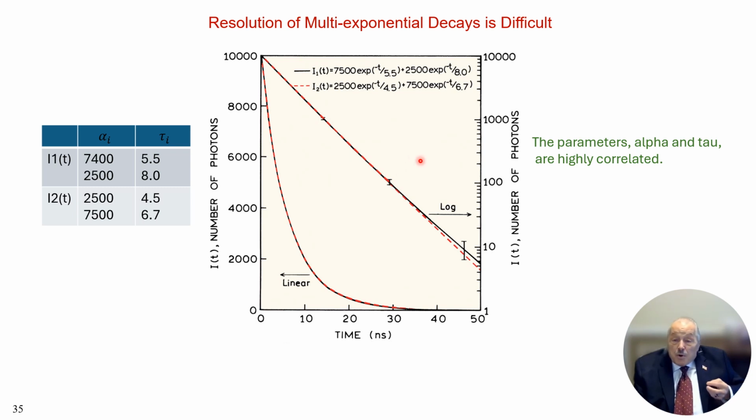This is called a correlation between the parameters. In any multi-exponential decay, the alphas and the taus are highly correlated, and you can change one and compensate for that one by changing the other, and that's what's made the analysis difficult.